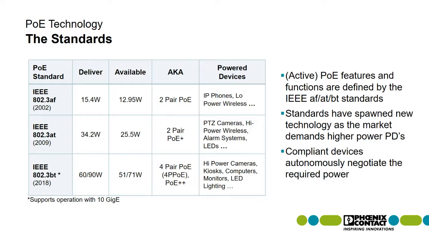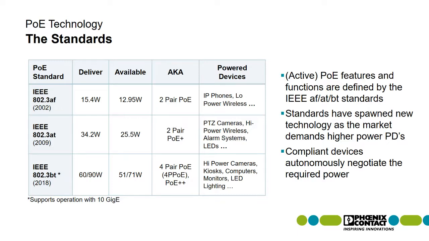In 2009, you can see that the 802.3at standard upped the ante. We saw the 30-watt standard, with about 25 watts available at an end device. This was classified as PoE Plus, and this was because the standards spawned a lot of new technology, and the new technology spawned the need for more power, higher power demands, and the need for additional standards.